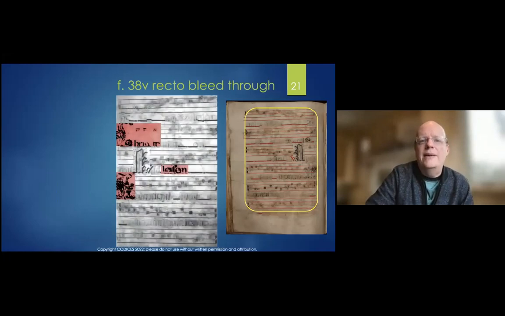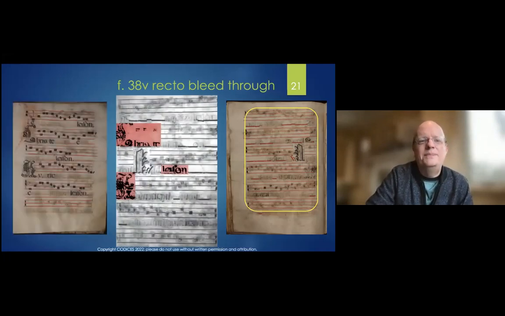Okay, then here's my example of where what we can find is bleed-through. Okay, so this is the page we've been looking at. This is multispectral imagery. This is the other side of that page. So see, this area that's highlighted in red, that is the backside coming through.